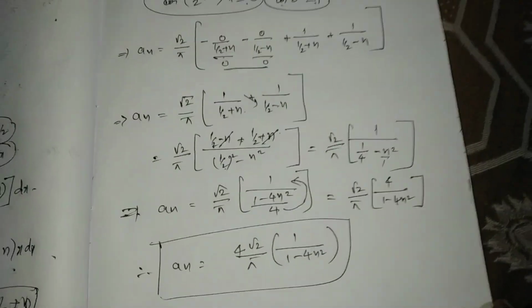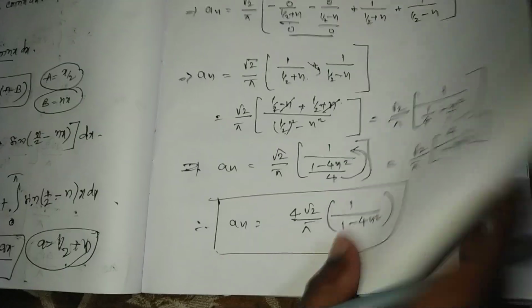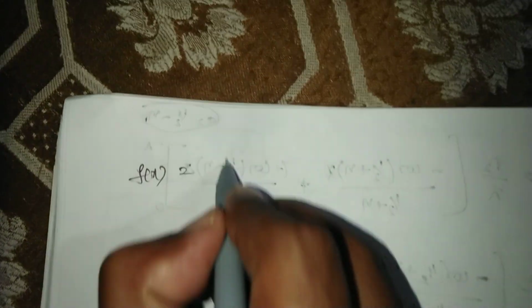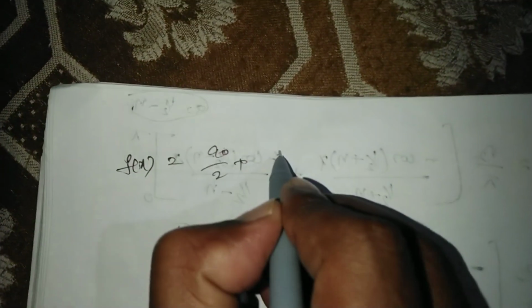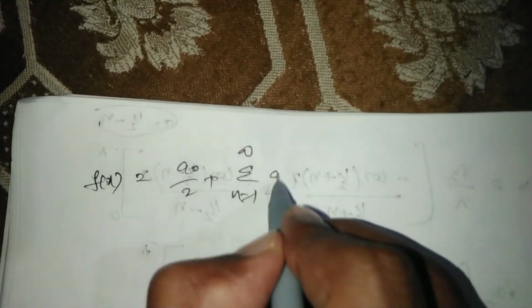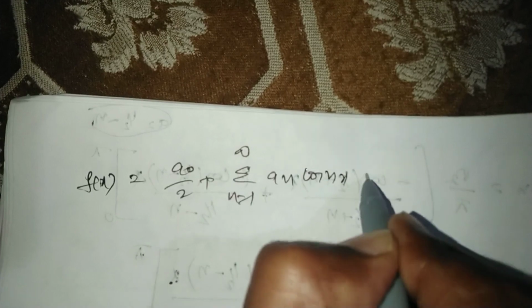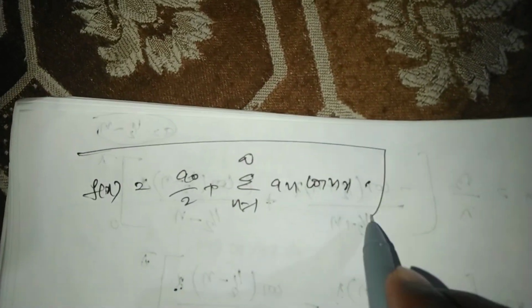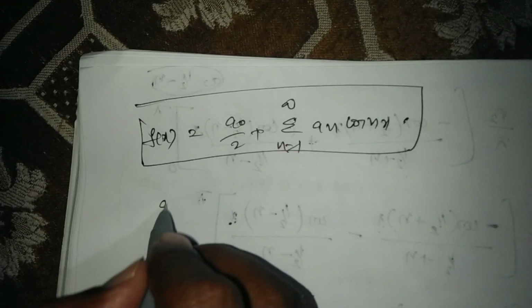We successfully found a naught and an value. Now substitute those values in equation number 1. First of all you have to write equation number 1, that is f of x is equal to a naught by 2 plus summation n equal to 1 to infinity an cos nx. This is the equation number 1. What is a naught?